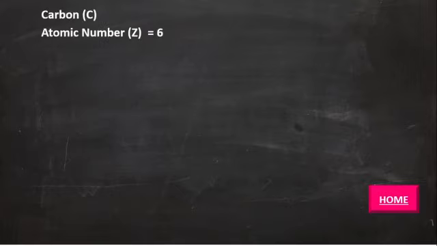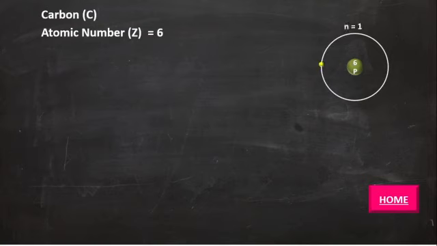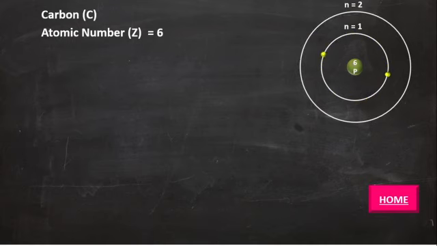See, atomic number Z equal to 6. 6 protons are there, isn't it? 6 electrons are revolving around the nucleus, 2 in the first orbit and 4 in the second orbit.